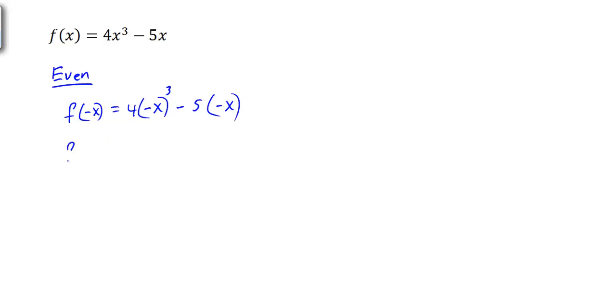-x. And once we simplify this, we have a negative cubed. Well, a negative times a negative times a negative is still going to be negative, so that's a -4x cubed. And over here we have a -5 and a -x, so that's going to become a positive 5x. So we have a -4x cubed plus 5x.